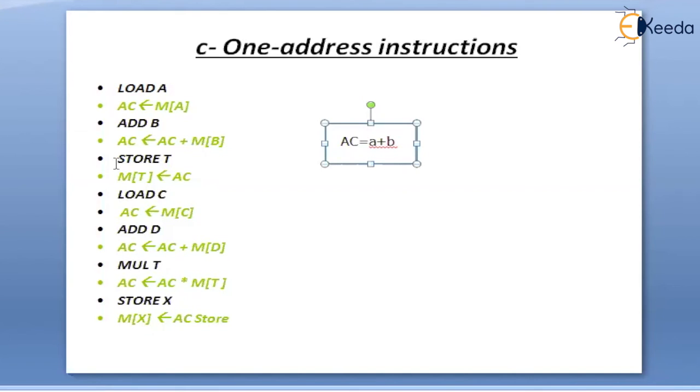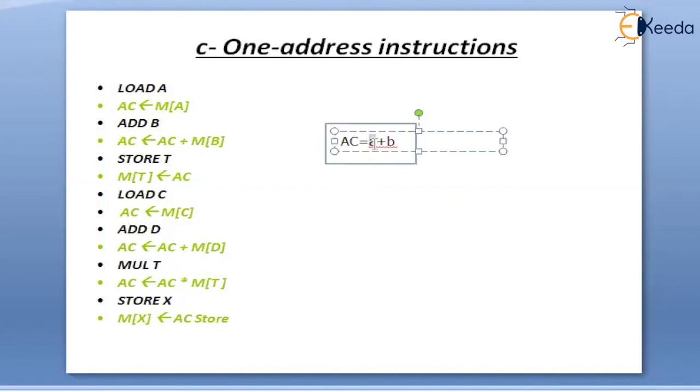We will say store T. What will happen when you execute the store instruction? The contents of the accumulator will get transferred to T. When you say load T, the value of T will get stored to the accumulator. When you say store T, the contents of the accumulator will get transferred to T.